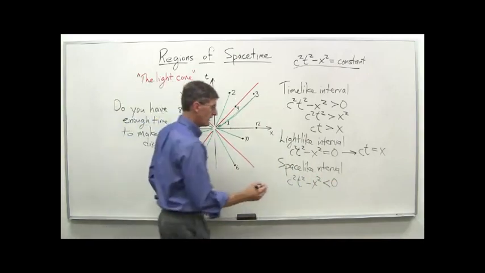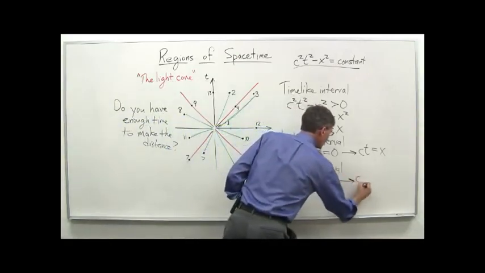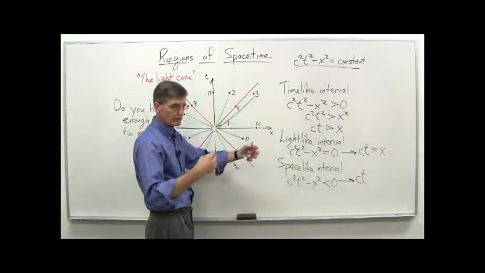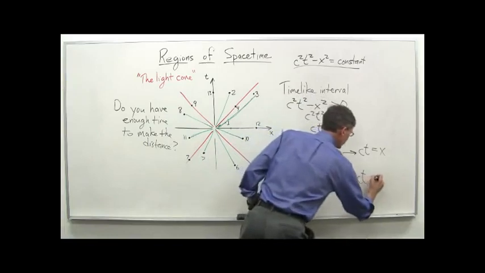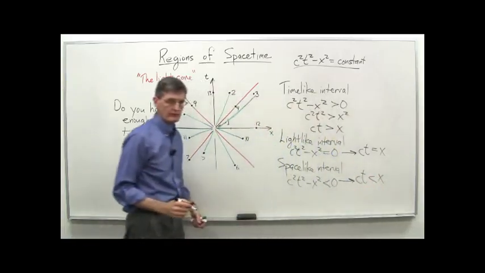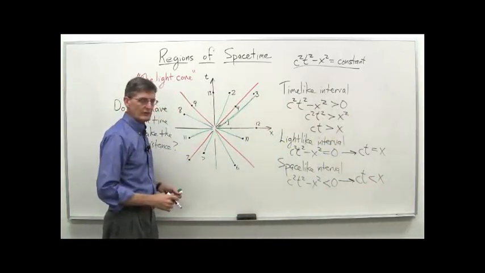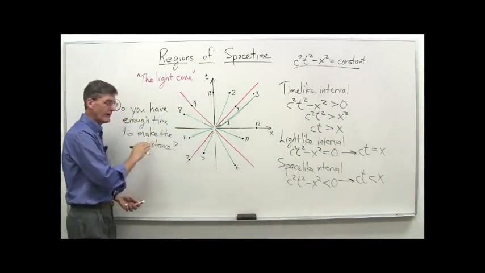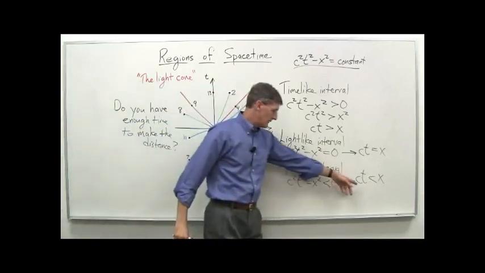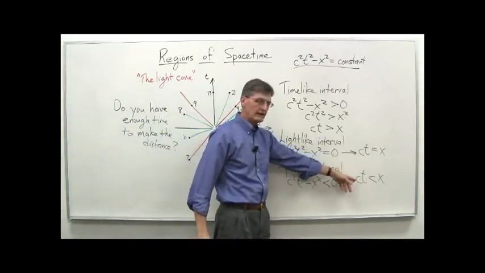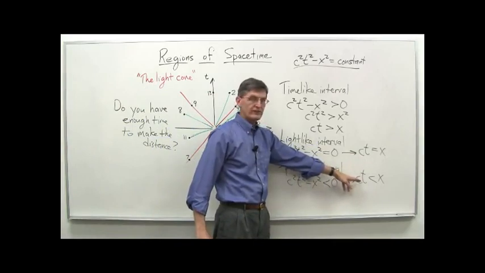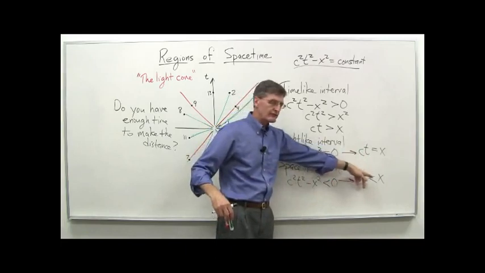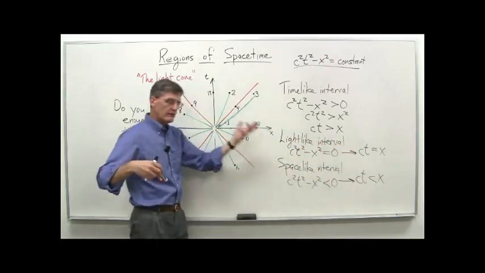And the same analysis then tells us that ct, the maximum distance we can cover in terms of what light can cover, is going to be less than the distance x, the location of where we need to be. So in other words, back to the question, do we have enough time to make the distance? No, because the maximum speed we can go is the speed of light, and that means a light beam can get a distance ct away from where we are. But if that's less than the distance that needs to be traveled, then you can't get there.